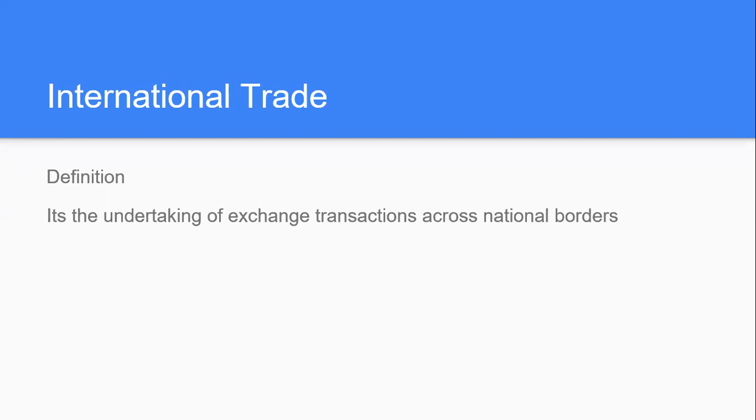Okay, now we're going to start by defining international trade. What do you understand by the term international trade? Basically, it is undertaking or exchange transactions across national borders. One of the features of international trade is that it occurs between sovereign states, which have their own policy.